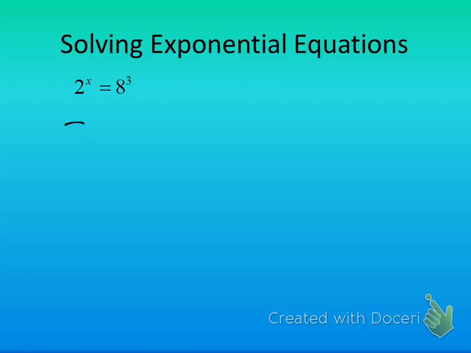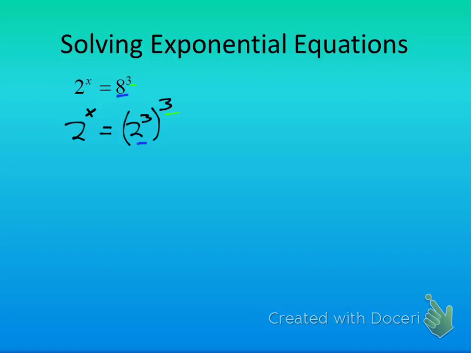So your left side is 2 to the x equals. For these to work, 8 is going to have to be able to be rewritten as a base of 2. And it's 2 to the third. And that 8 is still to what power? The 3. So the 8 is 2 cubed. This 3 is that 3.